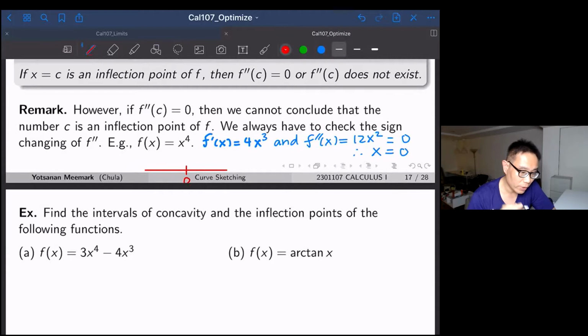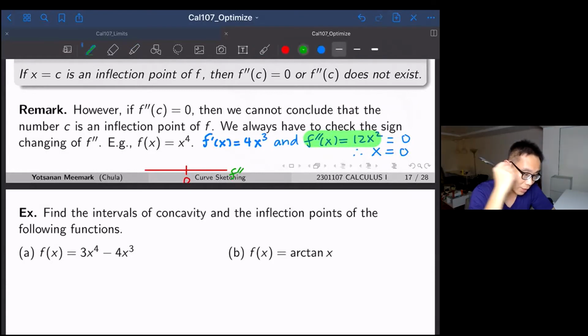However, if you consider the sign of f double prime, when x is positive, f double prime is positive. When x is negative, f double prime is 12x squared, so you cannot avoid it, it turns out to be positive as well.